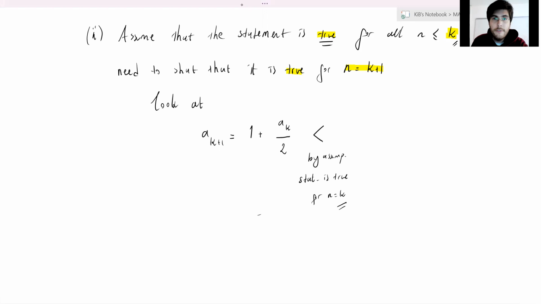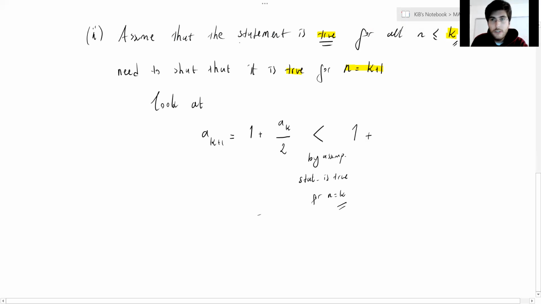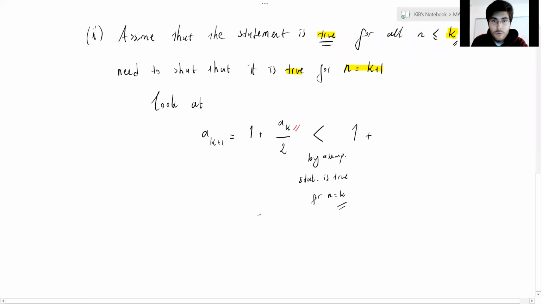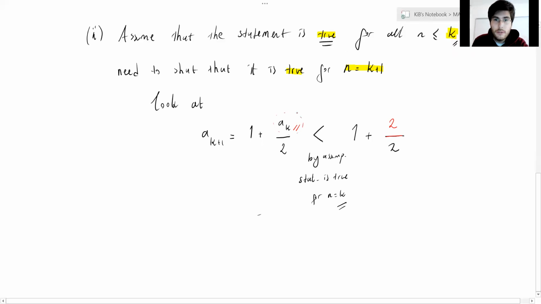Remember, nothing changed, I didn't touch anything, but here, since the statement is true for n equals k, this is 2 divided by 2, because the statement is true exactly when n equals 2. Therefore, this part is less than 2. Can you follow? So this part is less than 2.